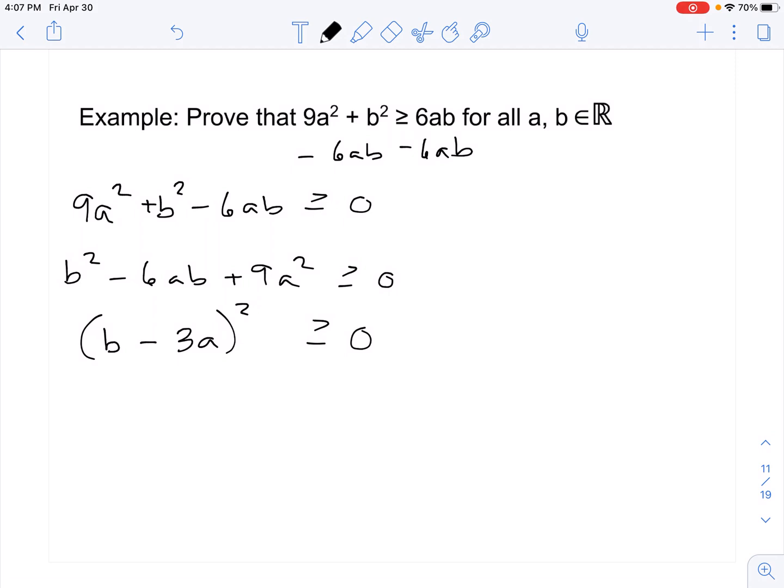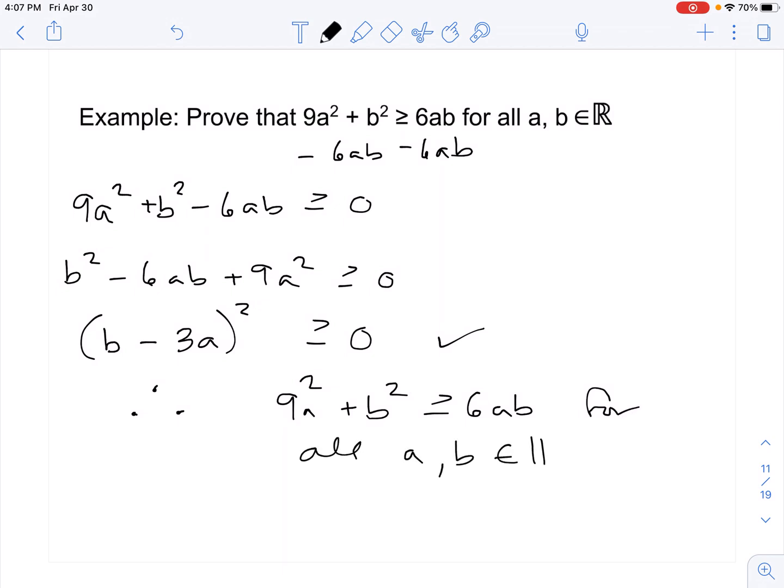And b minus 3a squared is always positive. So this is true for all a and b that are real numbers. So therefore, 9a squared plus b squared is greater than 6ab for all a and b that are real numbers.